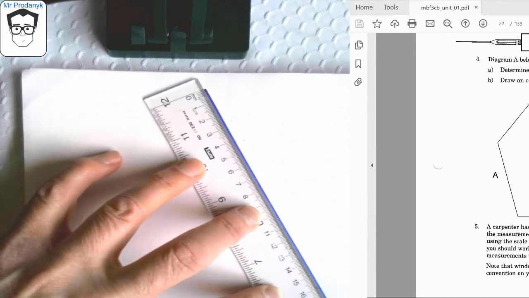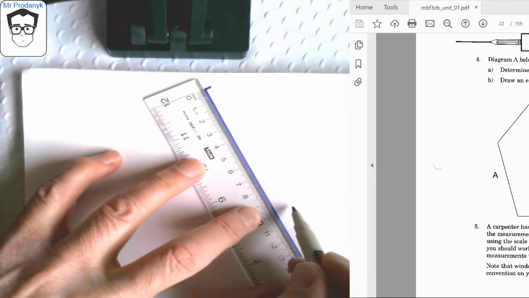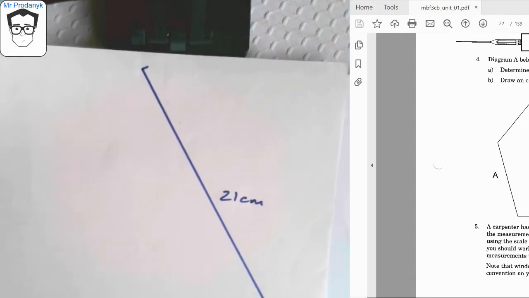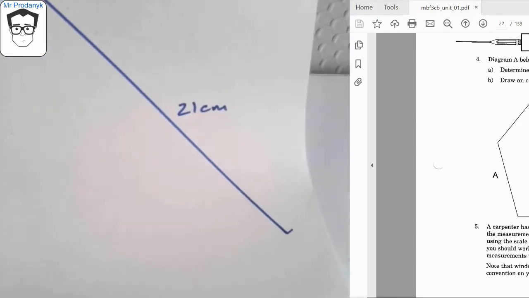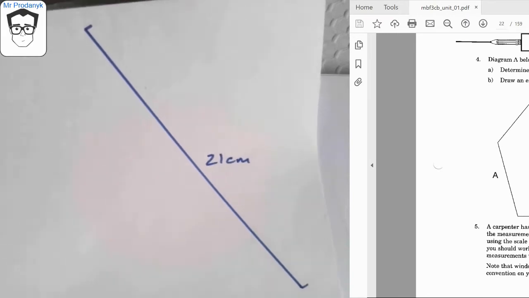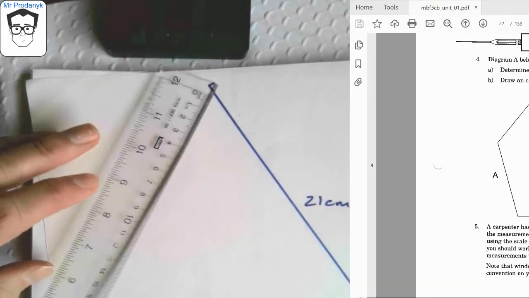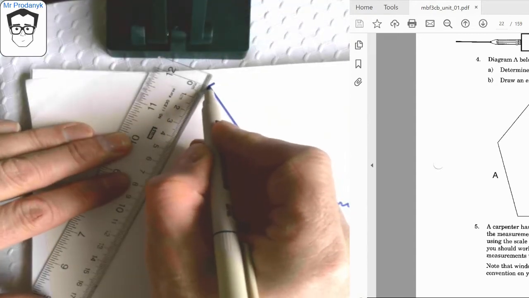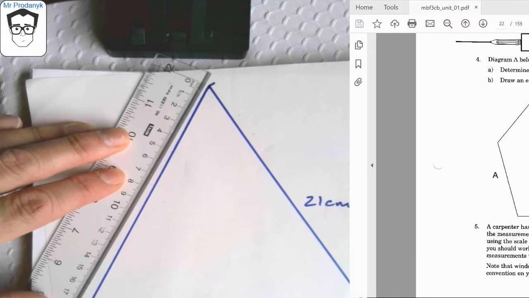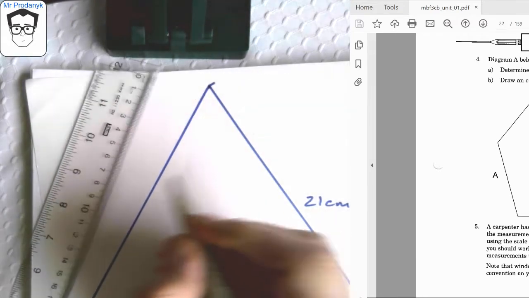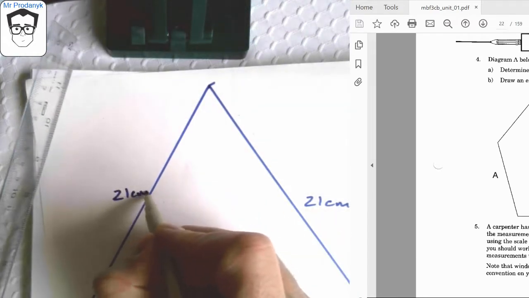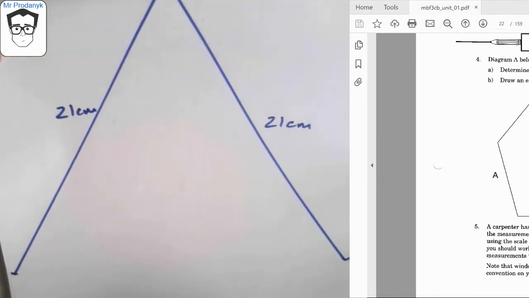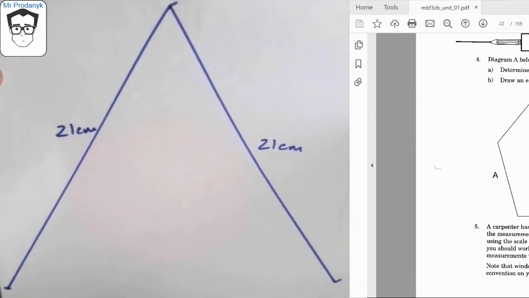But just to quickly illustrate what you're facing, here is a 21 centimeter long side that I've had to draw on this piece of paper, and I'm going to have to draw another corresponding 21 centimeter side over here, which is really taking up this entire piece of paper, to blow up just the top of that drawing.